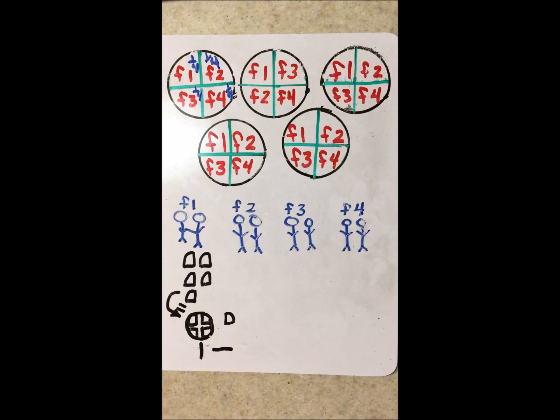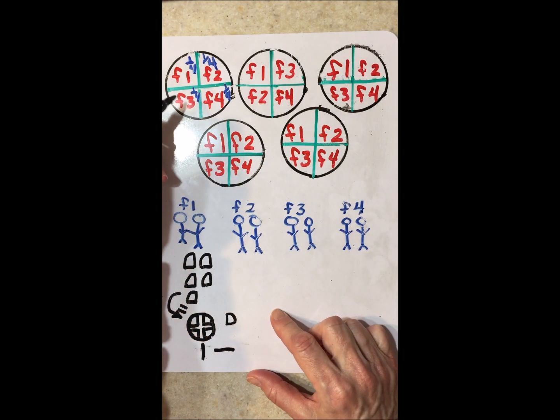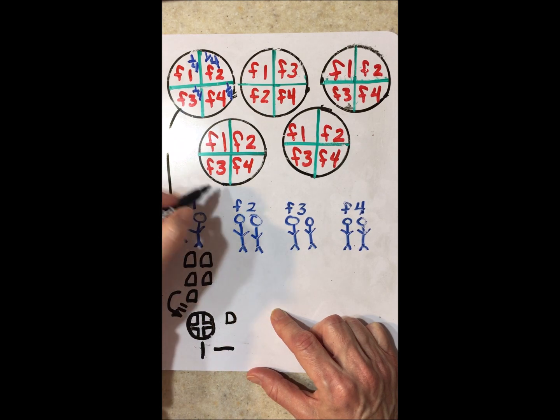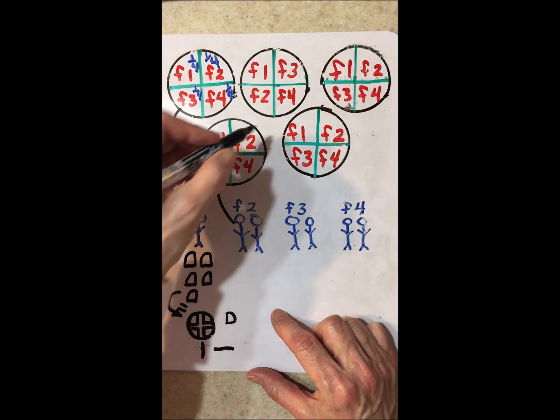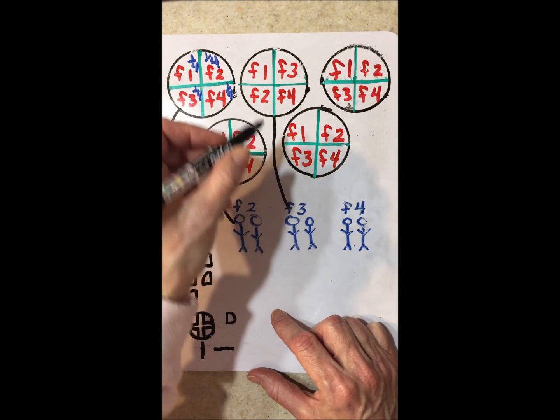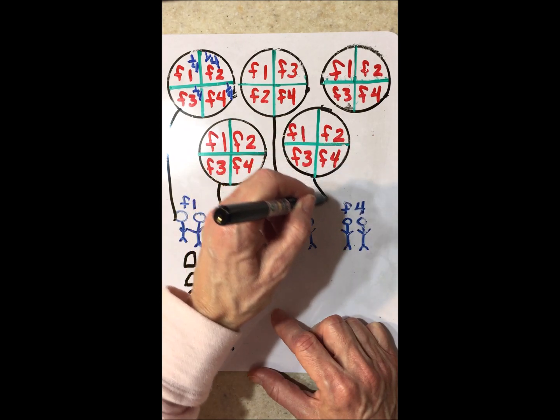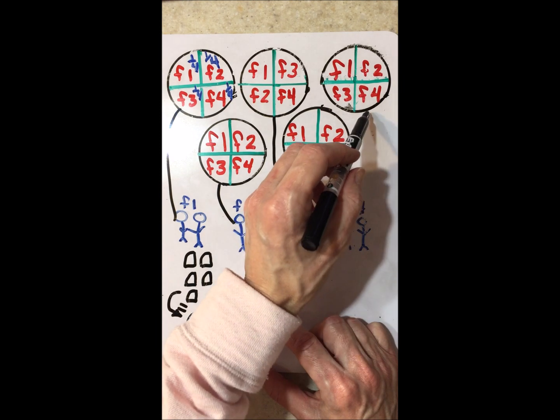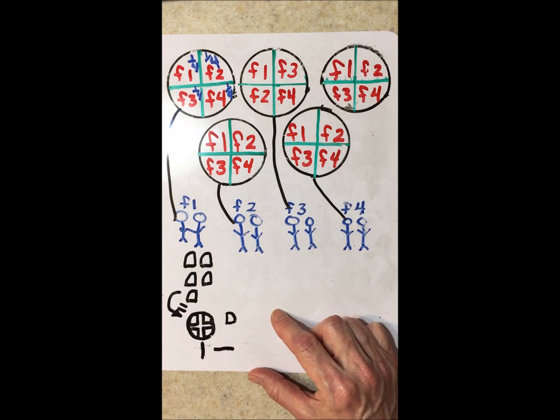If we gave them each a whole pie, we could go, 1 pie for you, 1 pie for you, family 2, a pie for family 3, a pie for family 4. They get the entire pie.